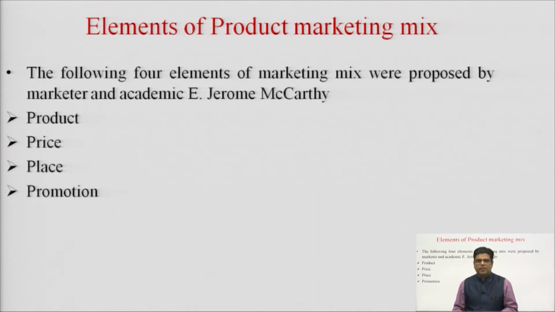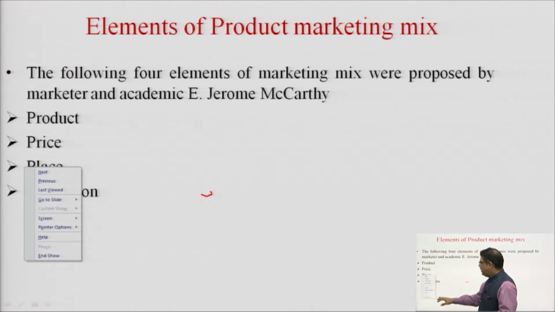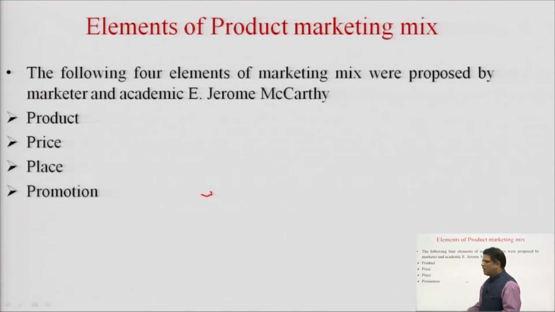So, in the year 1960, Jerome McCarthy proposed these elements for marketing mix. Let me spell out these names. The first element of marketing mix is product, the second element is price, the third element is place, and the fourth element is promotion. And these are the famous 4 P's of a product.